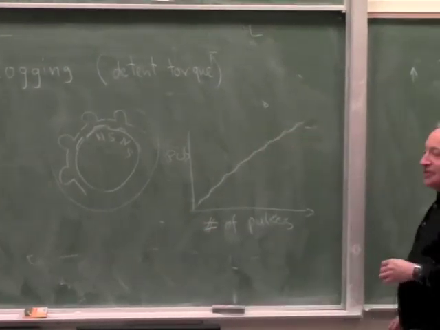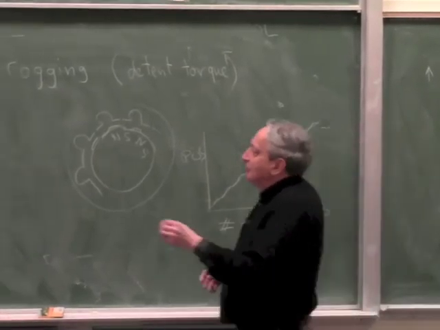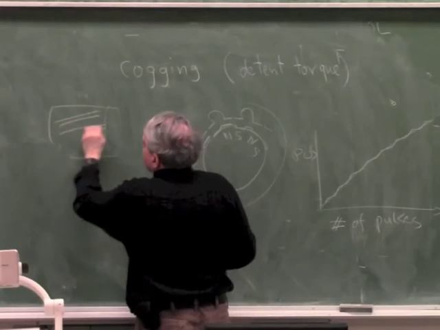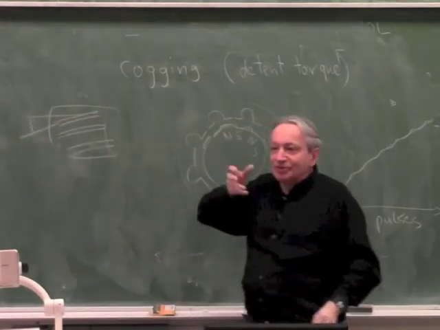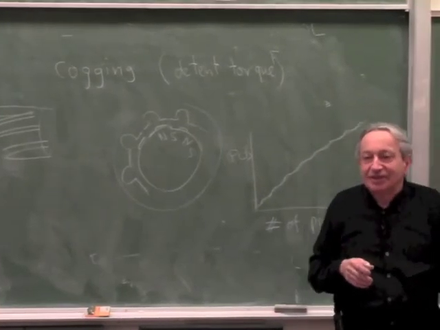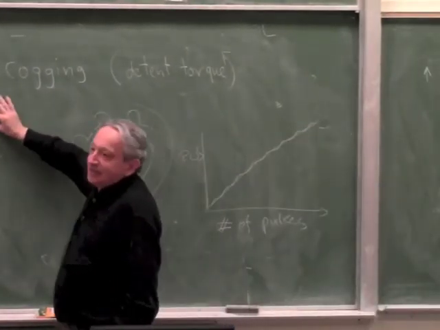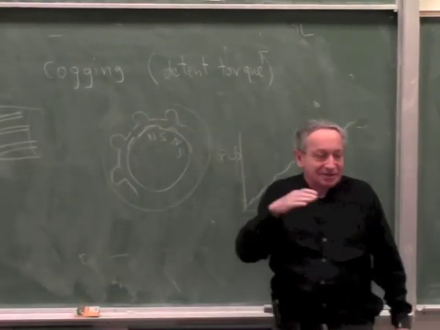Now in other motors it's the same, and I mentioned the typical solution in motors is in the armature to slant the slots a bit, to get a smooth transition. In a stepper motor you can't do that because this is only 1.8 degrees. There's not much room to slant. But in bigger motors it's slanted.